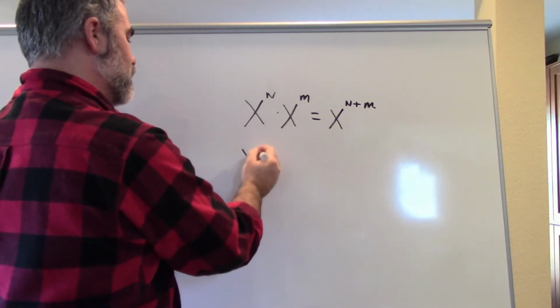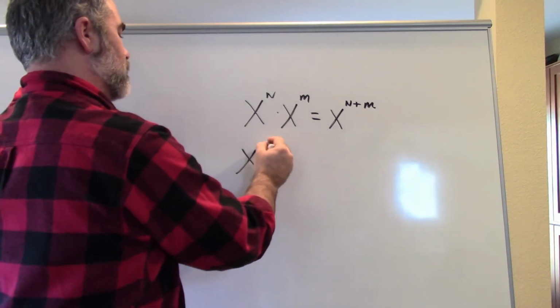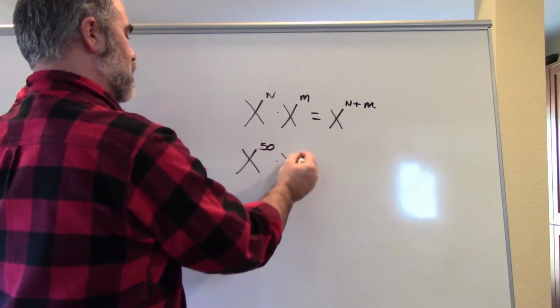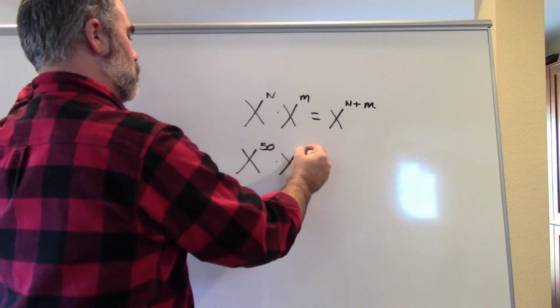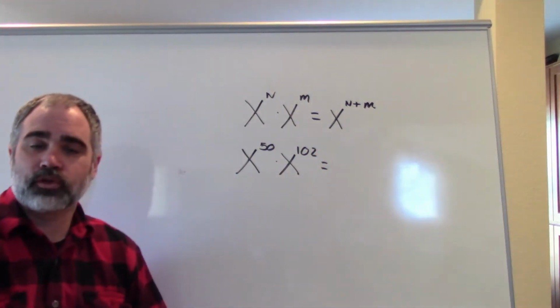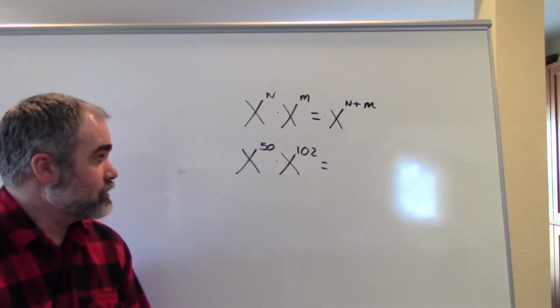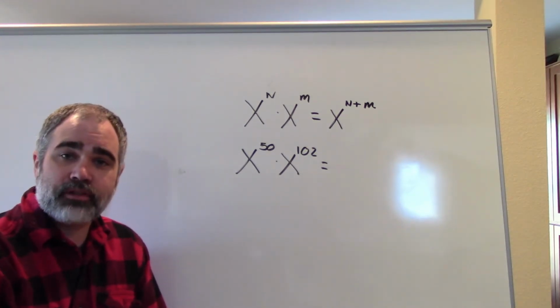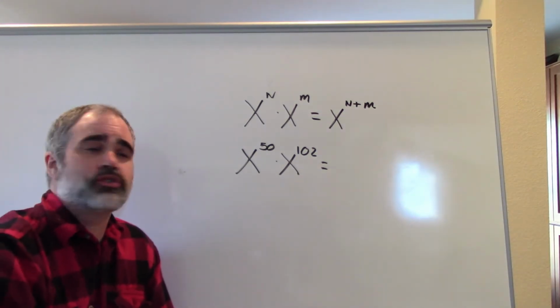Let's see if you can try a tough one. Based on this idea, what is x to the 50th power times x to the 102nd power? Okay, this would be really difficult to do if you were going to multiply all of these out together, write 50 x's and then 102 x's.